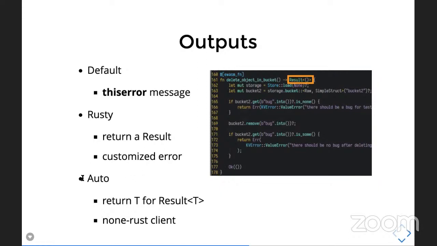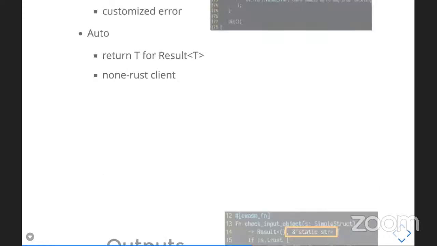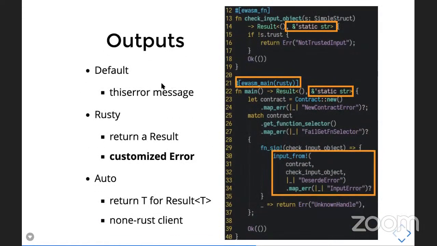And auto tries to unwrap the result, because if you are using a non-Rust client, you will need the auto type. For example, this is a custom error. The error is a static string. It's a Rust type, and to return the error we just put the map error function at the end.